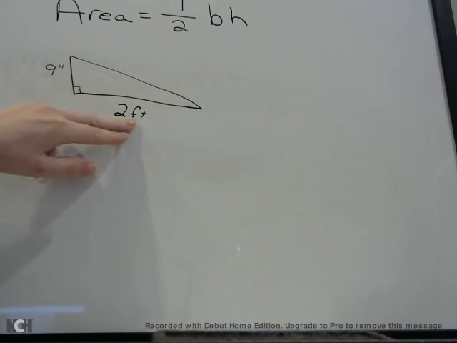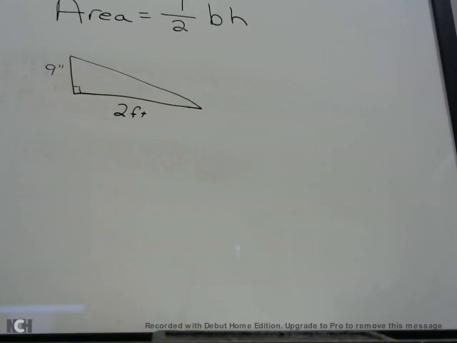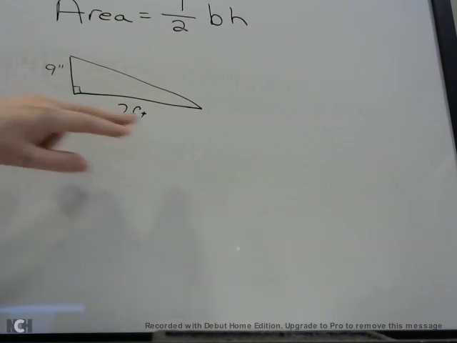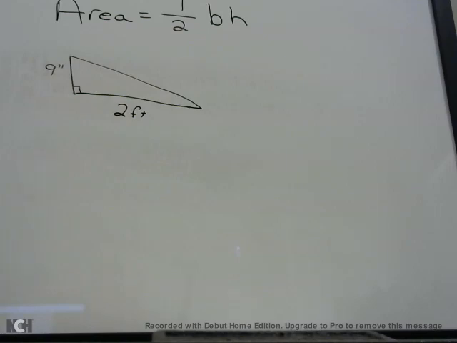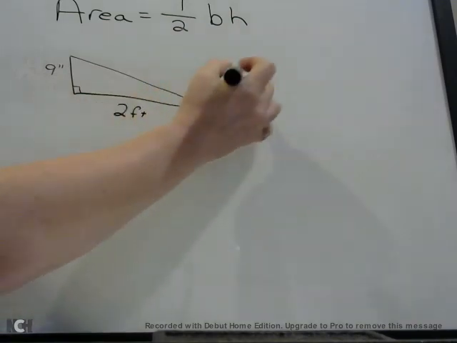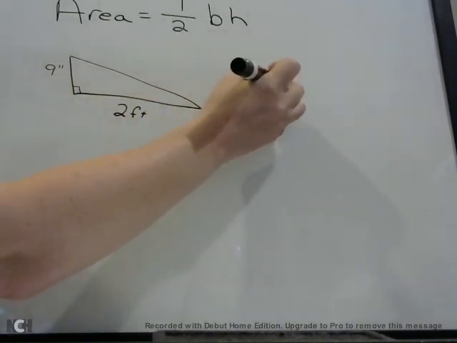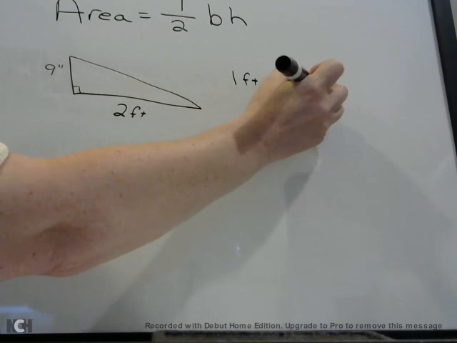So you have to get into a common unit. I think it's always easier to go to the smaller unit. So inches are smaller than feet, so I would change everything to inches. You can change everything to feet, but for me it's always easier to multiply than it is to divide, because you may end up working in fractions if you divide. So you have to know, and everyone should know, 1 foot is 12 inches.